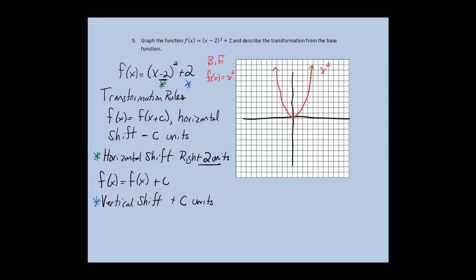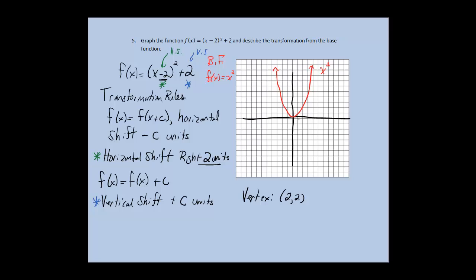So this 2 is going to be indicative of your vertical shift, and in green, this negative 2 will be indicative of your horizontal shift. So in reality, what we just described is the new vertex. We have a horizontal shift to the right 2 units, so our vertex will be shifted to the right 2 units, and then we're also going to go up 2 units.